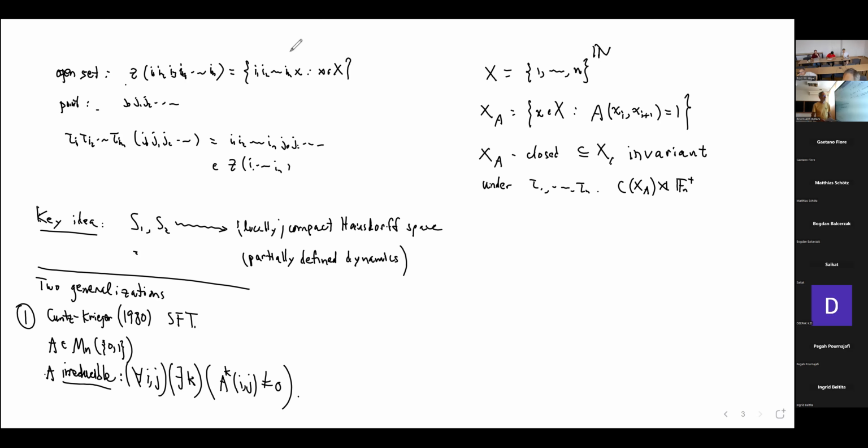So let's see where we get a directed graph out of this. It's compact Hausdorff because this X is still like a Cantor set. The closed subset of a compact Hausdorff space is compact Hausdorff. And the assumption of irreducibility will mean that it really is a Cantor set, there are no isolated points. Okay, so let's rephrase this as a directed graph.